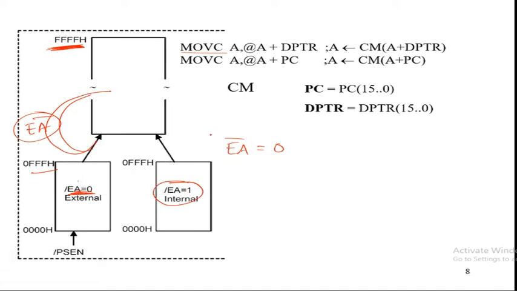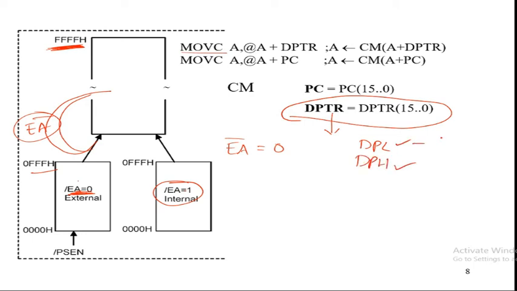The important thing to know is that a separate register is used by the microcontroller to handle the memory locations, that is the data pointer. This data pointer can be split into DPL and DPH, data pointer lower order and data pointer higher order, to specify only one memory location. Why? Because one address holds only 8-bit data, but the address register size is 16-bit, because we have A0 to A15.